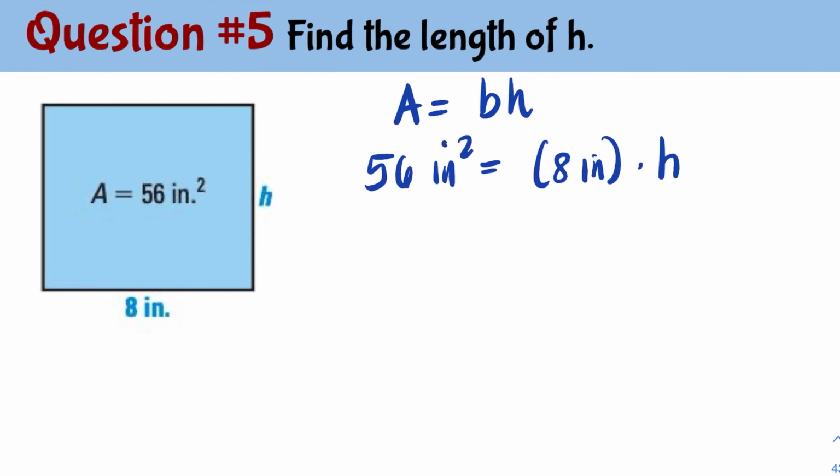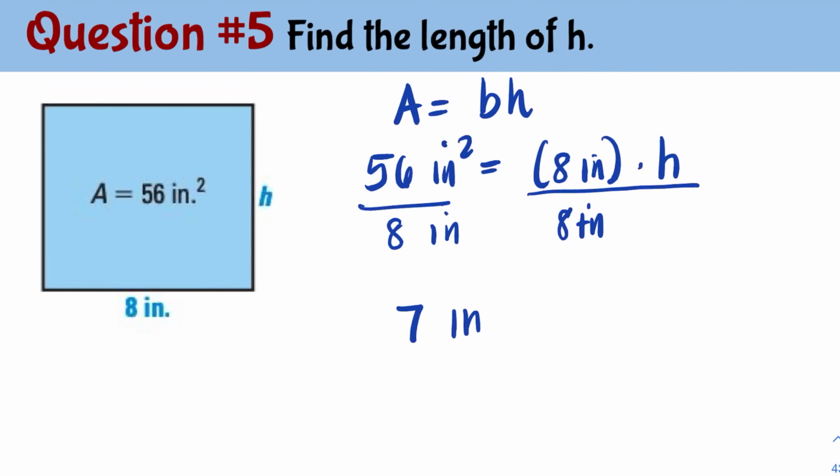So now we can divide both sides by 8 inches. And 56 divided by 8 is 7. Inches squared divided by inch as the unit. And 8 divided by 8 is 1. So that means the height here is 7 inches.